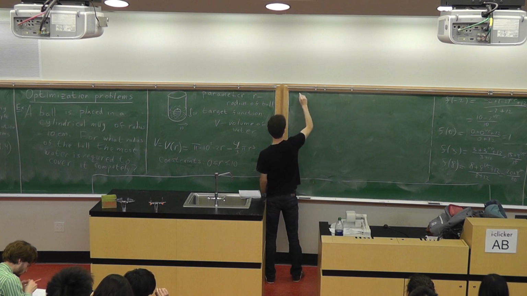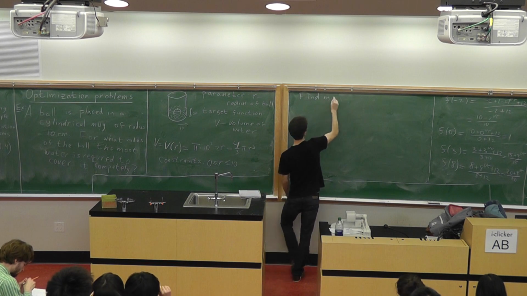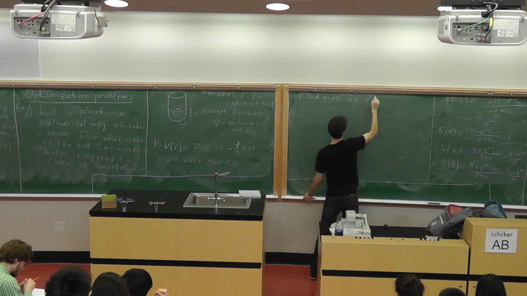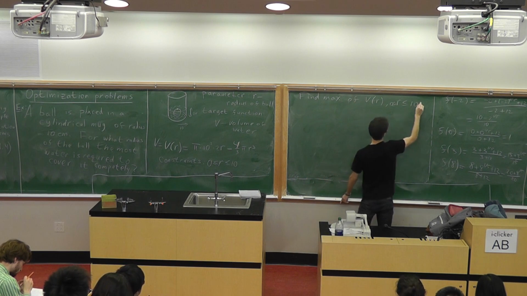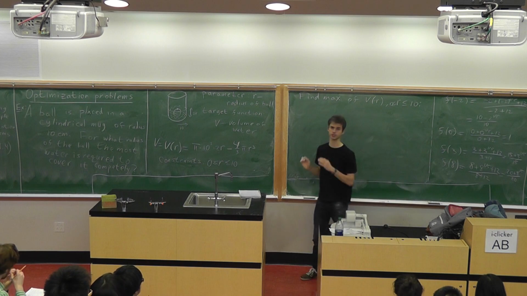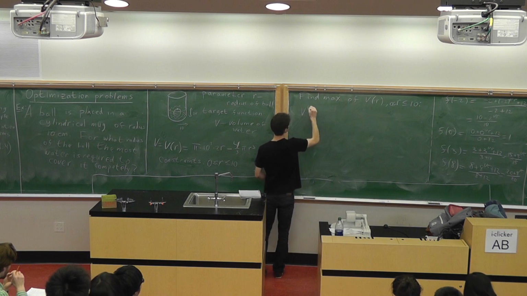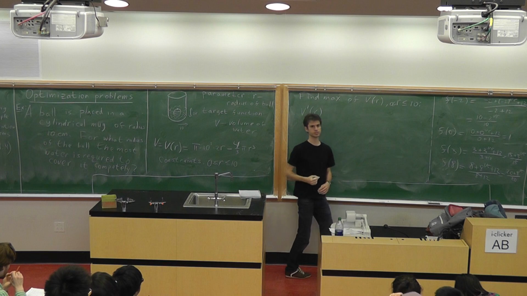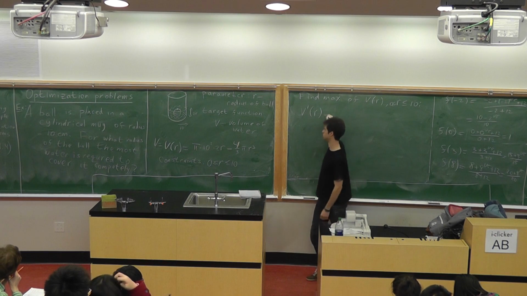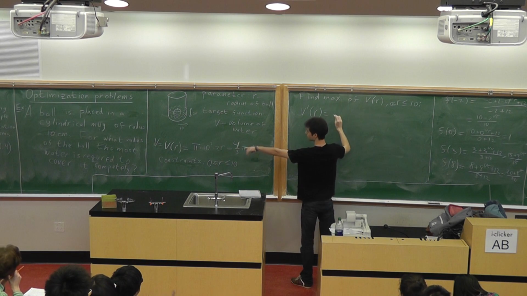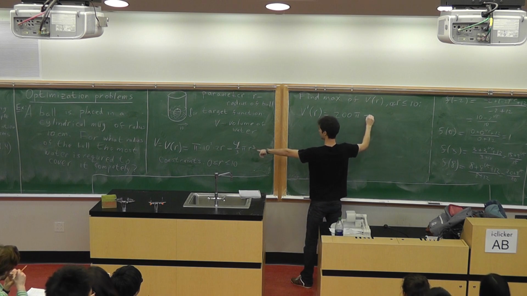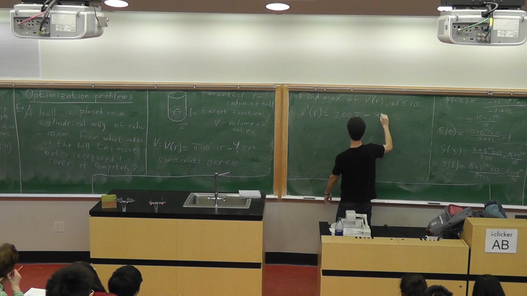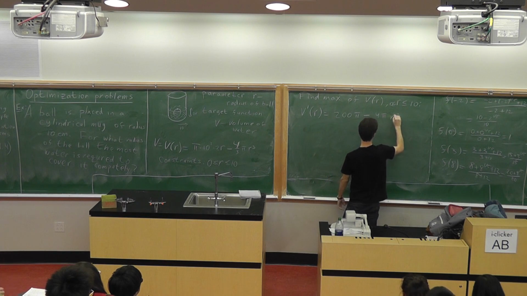So find the maximum of V of R between 0 and 10. We find the derivative with respect to R, which is 200 pi minus 4 pi R squared.